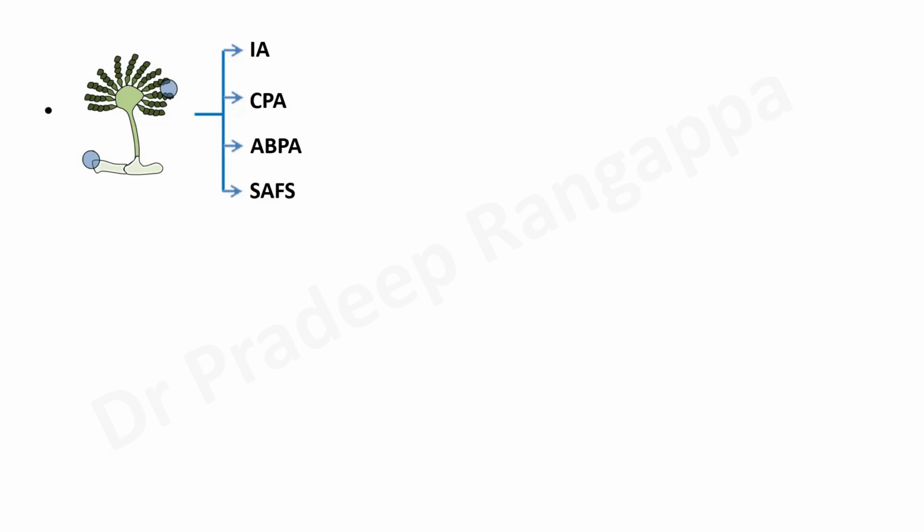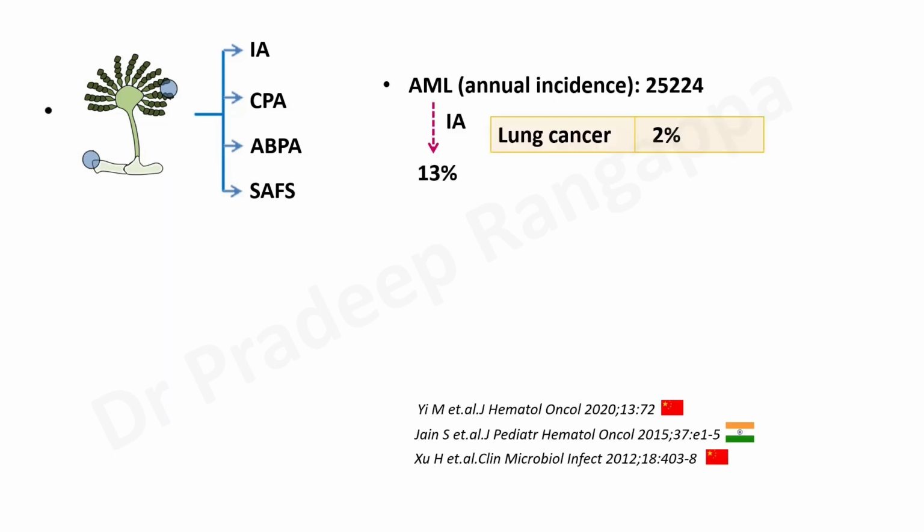So we looked into some of the data in India. What is the occurrence? This is Indian data. Acute myeloid leukemia annual incidence, as per 2016, is around 2 lakhs to 25,224 leukemias, where invasive aspergillosis occurred in 13%. This is our Indian data.